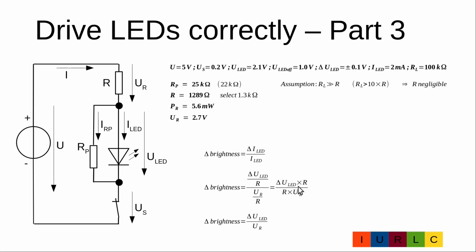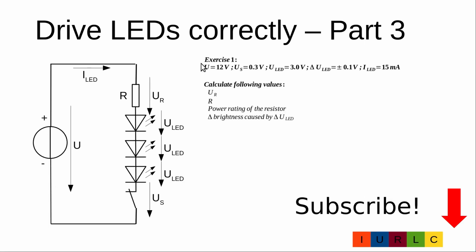Now we can remove R and get the brightness tolerance is delta ULED divided by UR. With concrete numbers, plus minus 0.1 volt divided by 2.7 volt is plus minus 0.037, a brightness tolerance of plus minus 3.7% caused by the forward voltage tolerance.